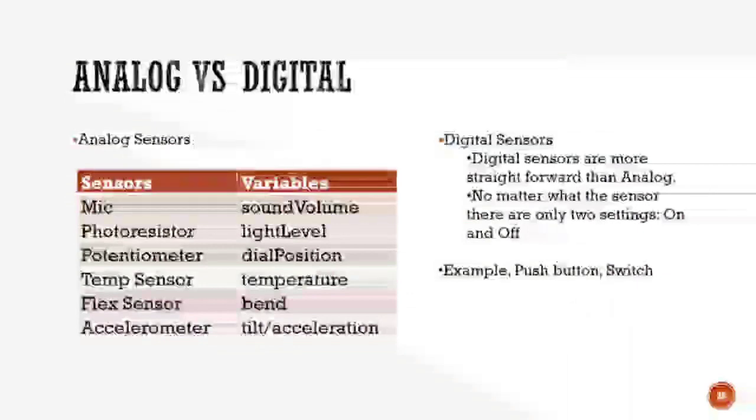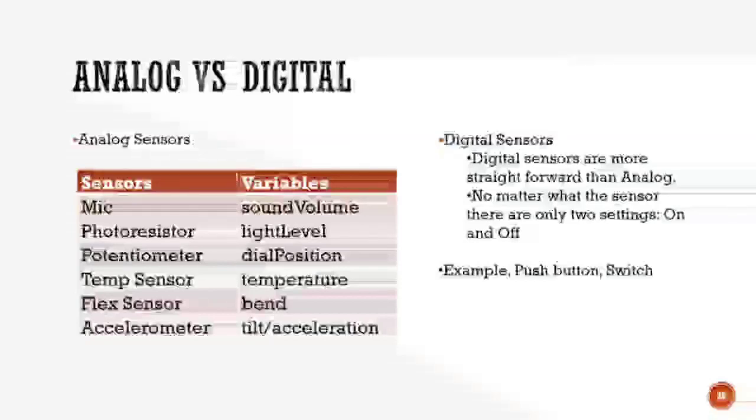There are sensors that are digital and sensors that are analog. Analog sensors are the mic, photoresistor, potentiometer, temperature sensor, flux sensor, and accelerometer. The mic is an analog sensor used to detect voice and process it. The mic is also called a transducer, which transduces sound into electrical information.